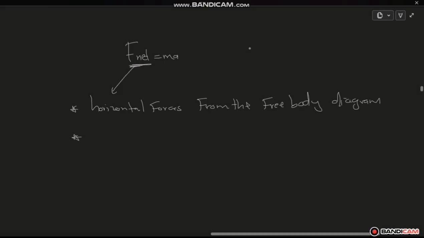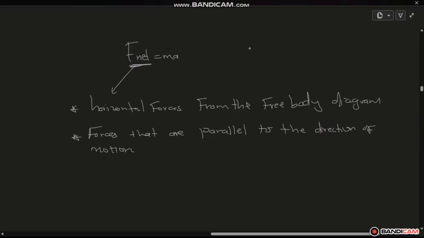Or option number 2, the forces that have an effect on the F net side are the forces that are parallel to the direction of motion. That's what you must know. There are 2 cases: either horizontal forces or forces that are parallel to the direction of motion, because an inclined plane is not a horizontal surface.